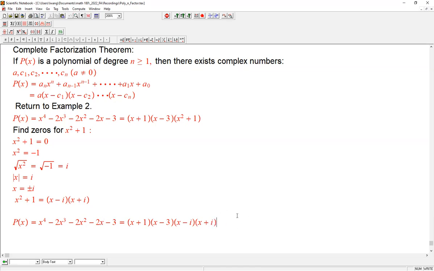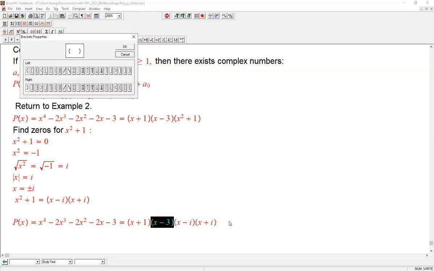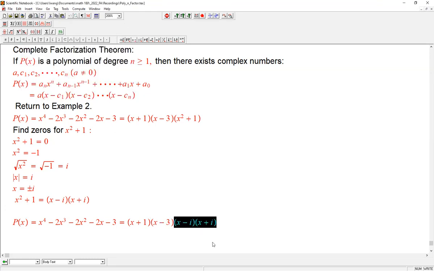Another interesting phenomenon I want you guys to notice is that the polynomial we study here has all real number coefficients. In its complex factors, okay, we got some real factors, we got some complex factors, but the complex factors look like they have their conjugates.